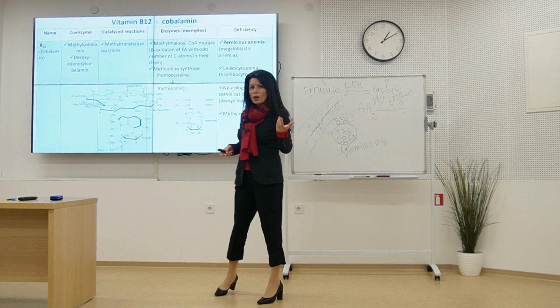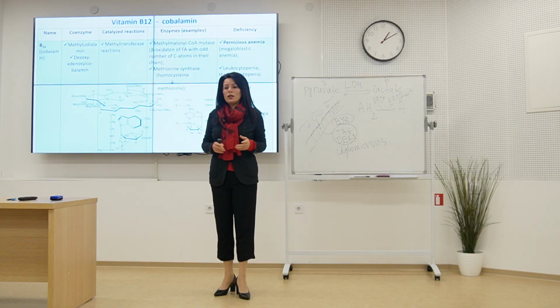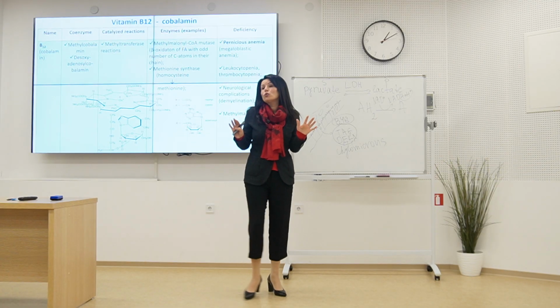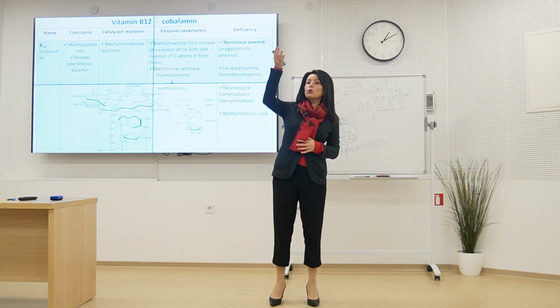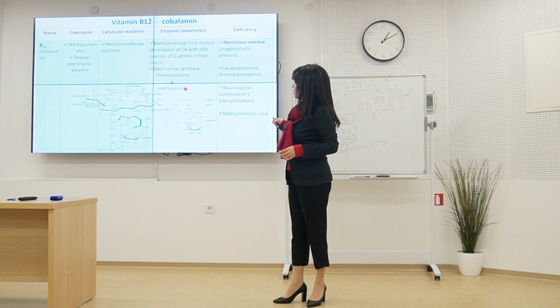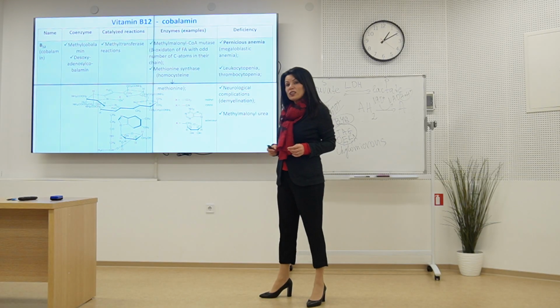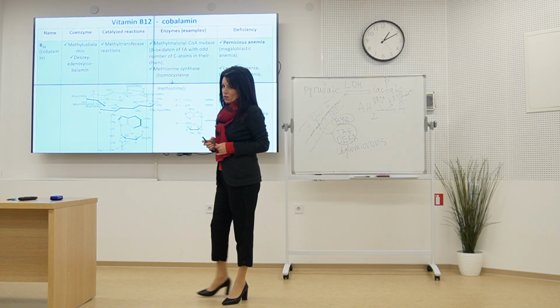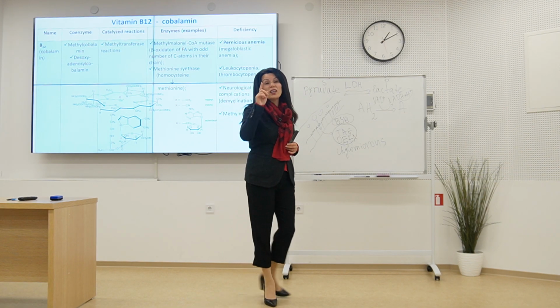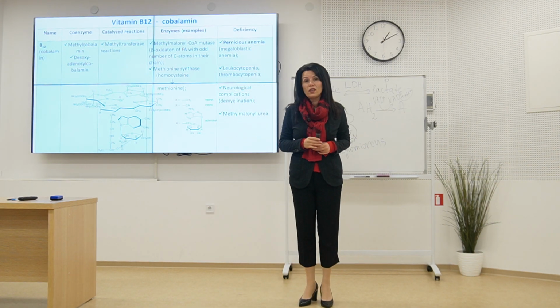Why? Because it's the substrate of the reaction. It's an atypical consequence. If there is no enzyme or no cofactor, the consequences will be the same, which means high substrate and no product. But here the substrate is homocysteine, and homocysteine is a toxic factor for the blood vessel wall. Which means if there is B12 deficiency, cardiovascular risk will be increased immediately.